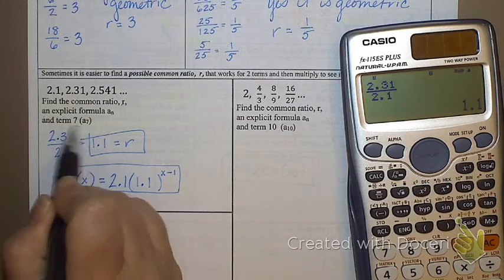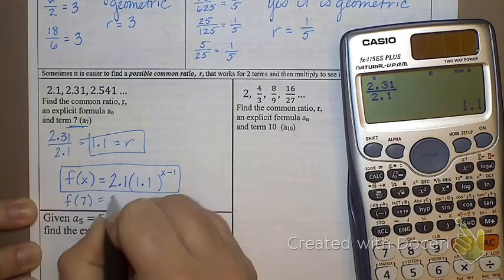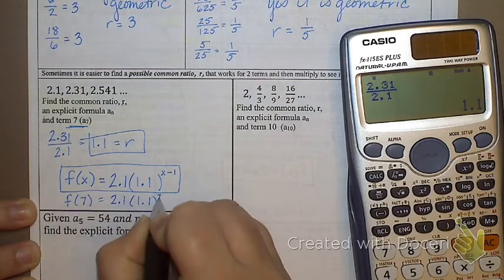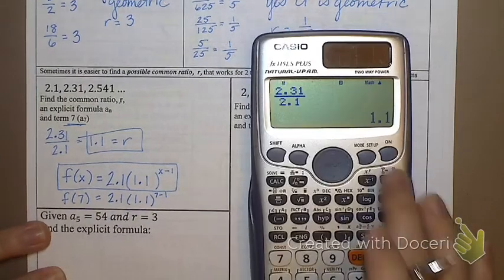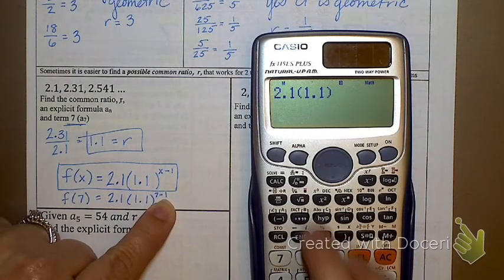Find term 7. So f of 7 would be equal to 2.1 times 1.1 to the 7 minus 1, which is 6, right?